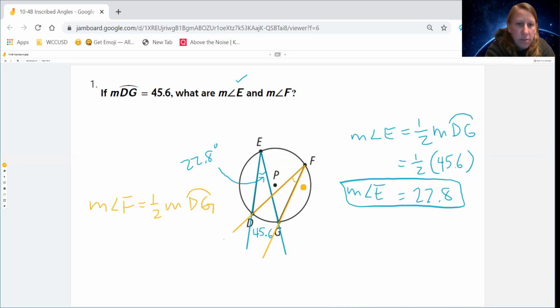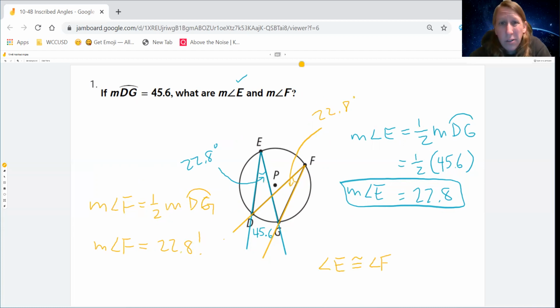Now I don't need to do this math. I know that the measure of angle F is also going to be 22.8. So that's kind of an interesting thought: because they cross the circle at the same two points, these angles are going to be congruent. So bonus, angle E is congruent to angle F. Why? They have the same intercepted arc.